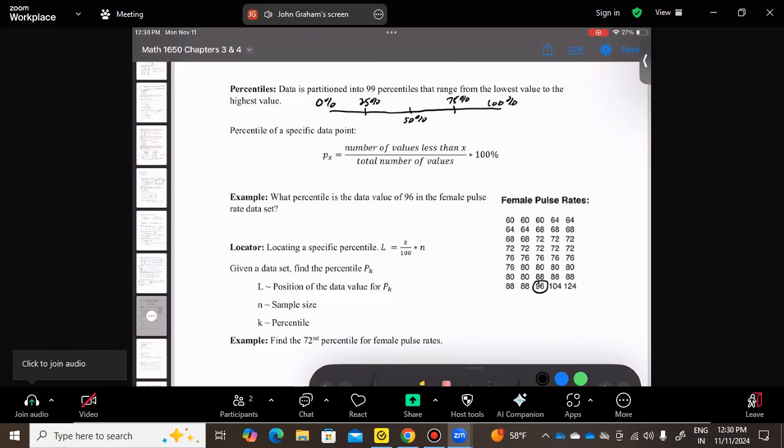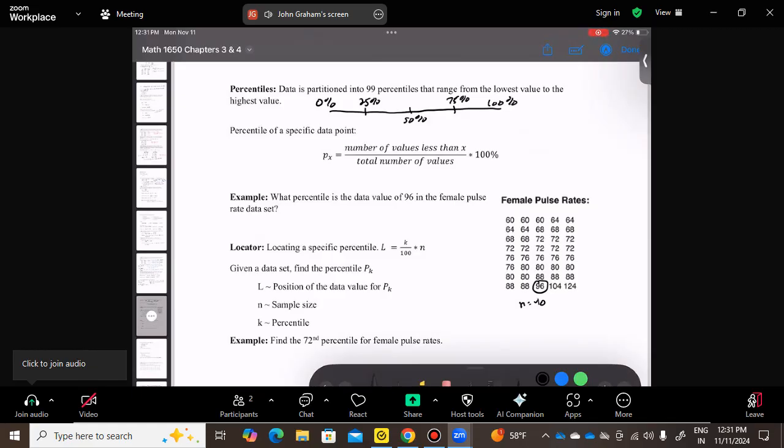Each of these has 5 data values, and there's 1, 2, 3, 4, 5, 6, 7, 8 rows. So n equals 40 here, and it's the 38th.